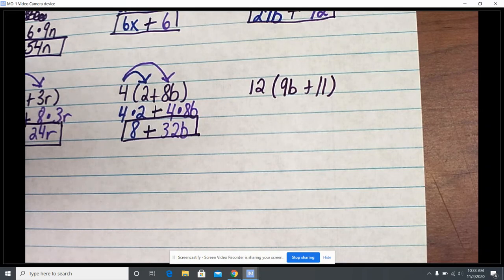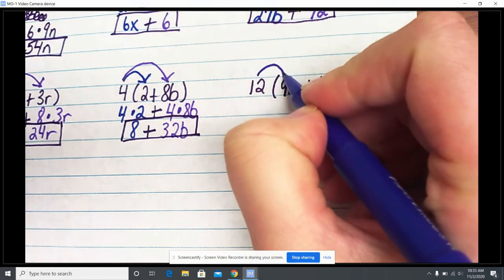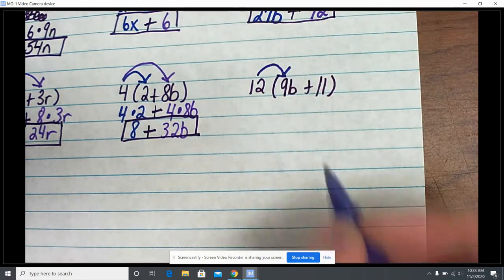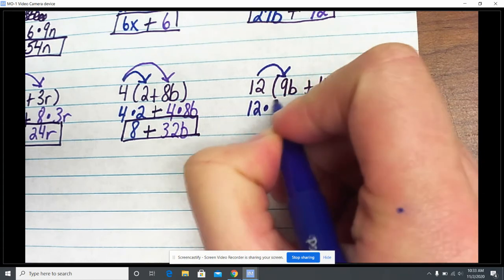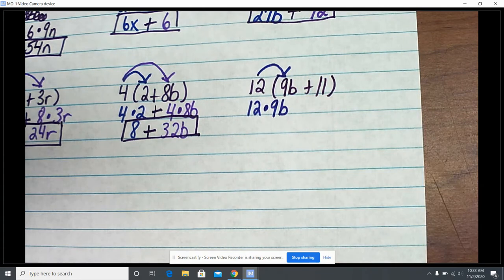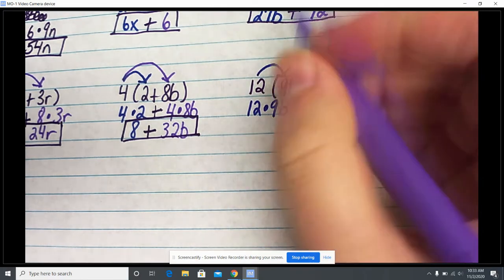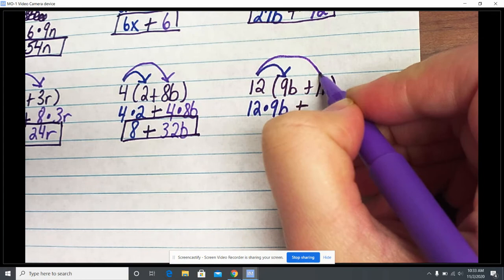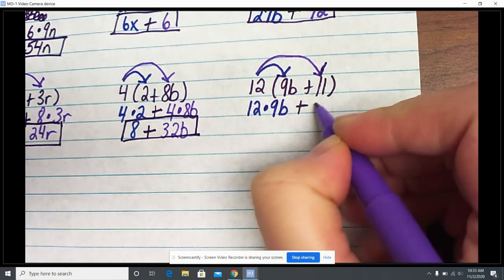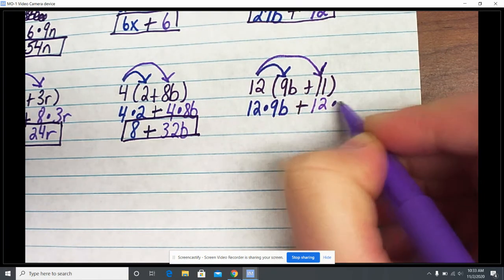My 12 is the number I'm distributing out with my terms on the inside of the parentheses. So first I'm distributing out my 12 with my 9b. So I'm taking 12 times 9b plus, and then I'm distributing out my 12 again with my 11 this time. Which means I'm taking 12 times 11.